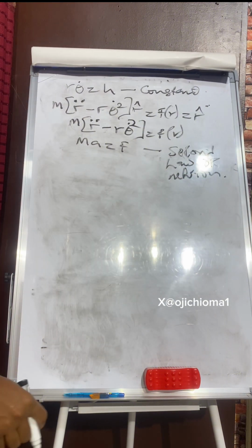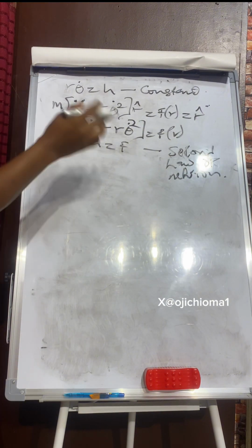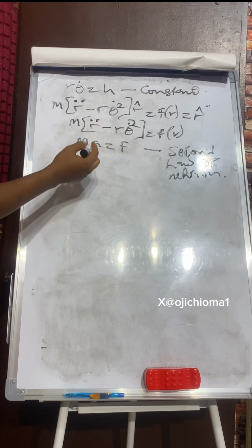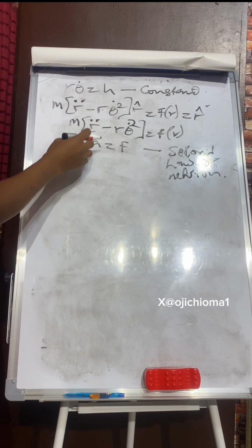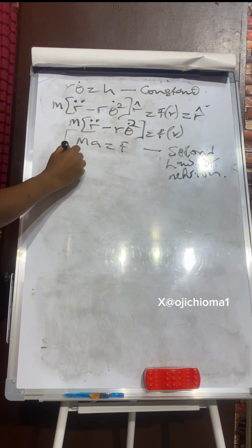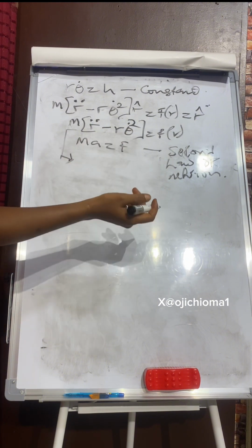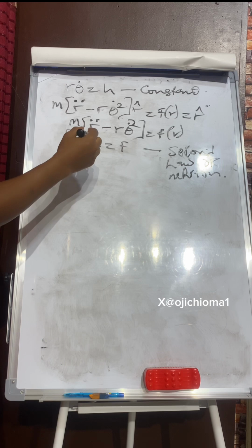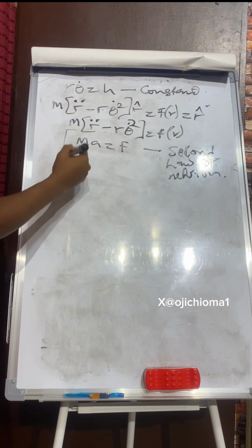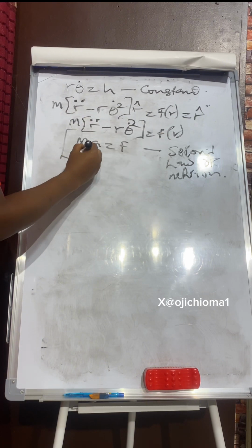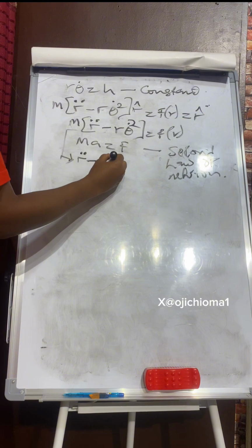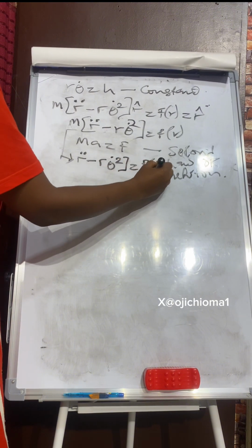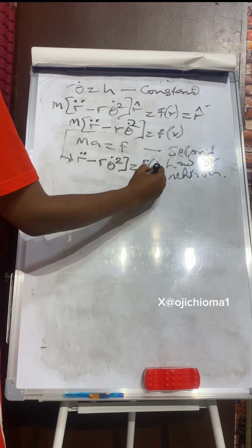Now breaking that further, substituting back into the equation. I was just using this as an illustration. Dividing both sides by m, we have r double dot minus r theta dot squared equals f of r over m.